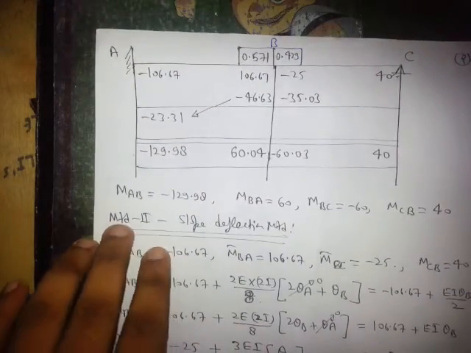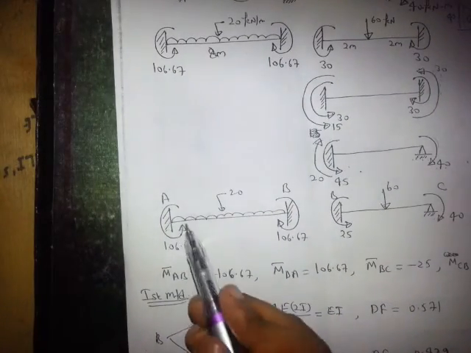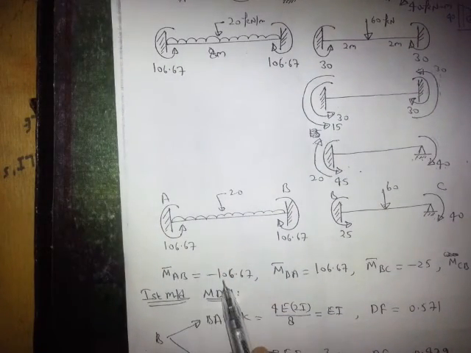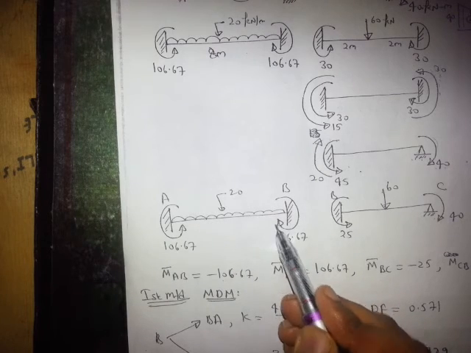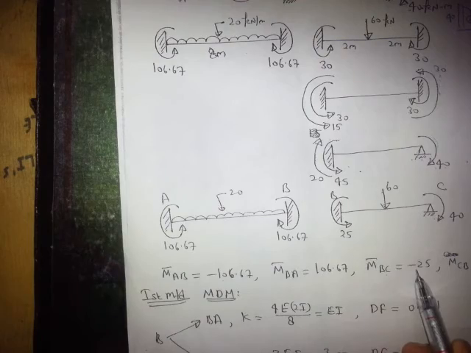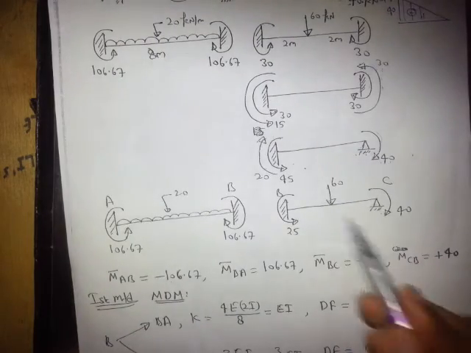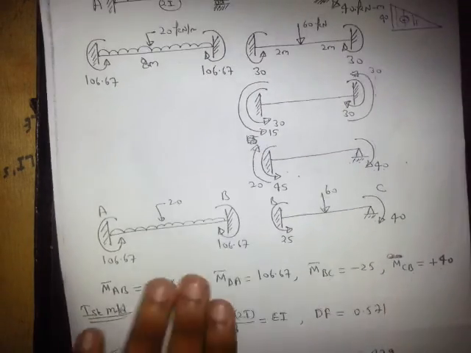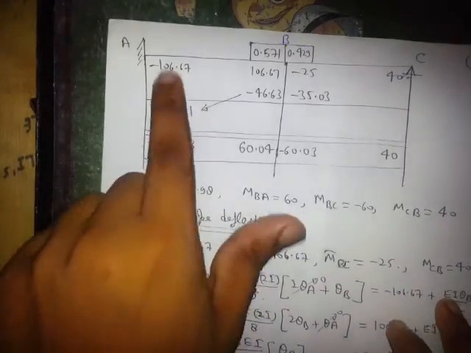Now distribution of moment. Look here how we will write. Since it is anti-clockwise, so minus M bar AB, minus M bar BA, clockwise means plus M bar BC minus 25, and M bar CB plus 40, clockwise means plus. Look here, write down here.